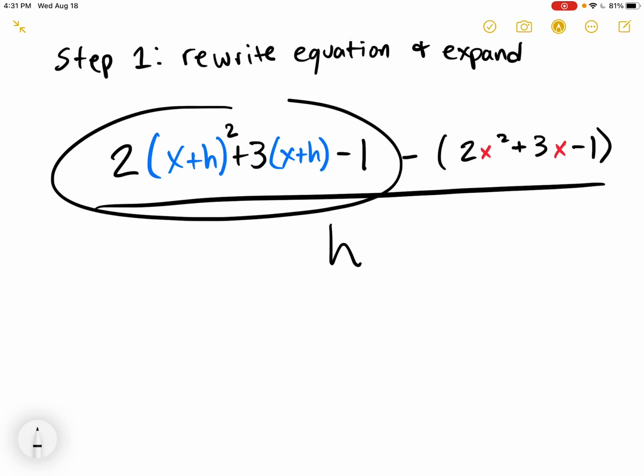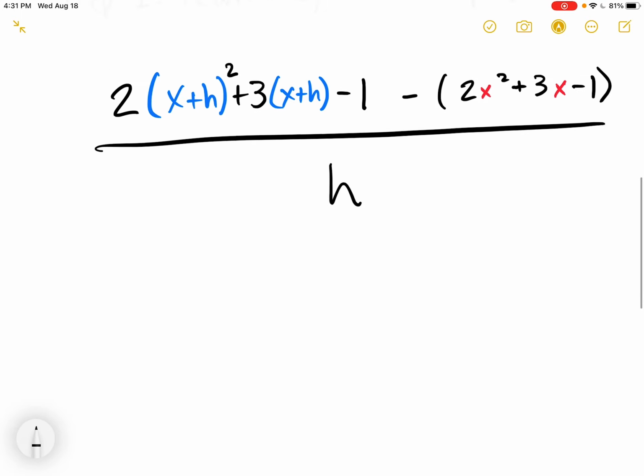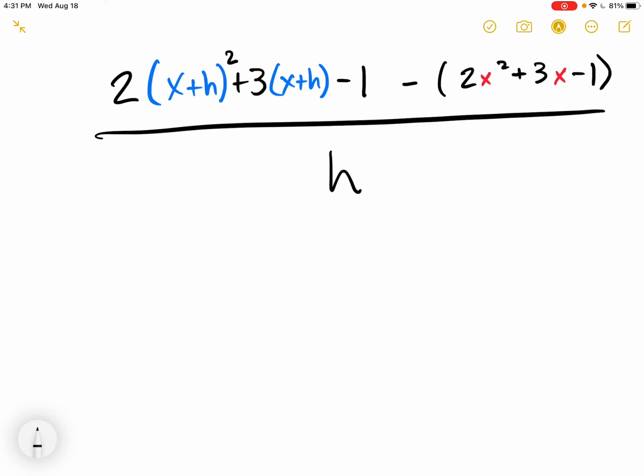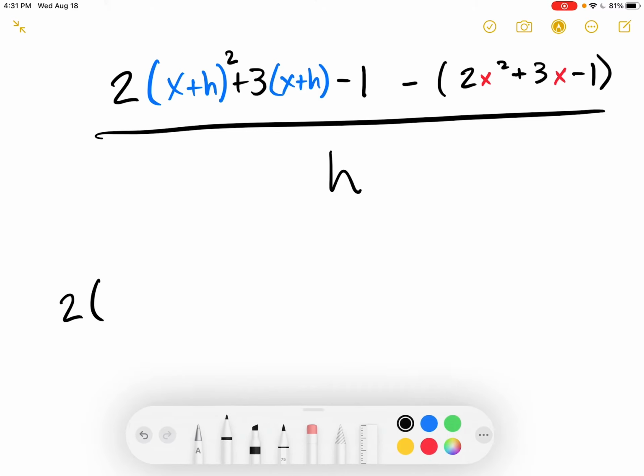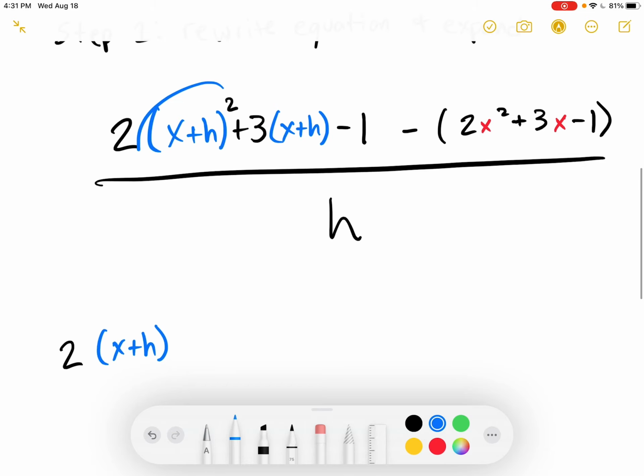Okay? So once you rewrite your equation like that, next you're going to expand. This is the only thing that I have to expand, so I'm going to do that down here. I'm going to take 2 times x plus h. And when I expand this part, x plus h squared is the same as x plus h times x plus h.